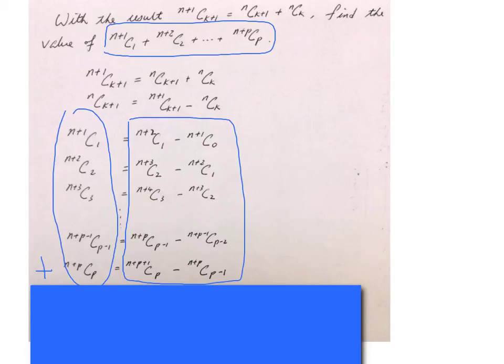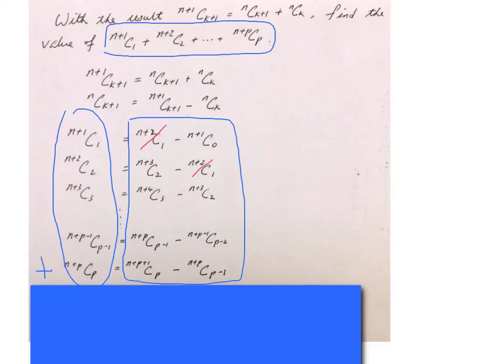Then you will find that when we add the terms, we have some cancellation. (n+2)C1 minus (n+1)C0 plus (n+3)C2 minus (n+2)C1. That's what it means.